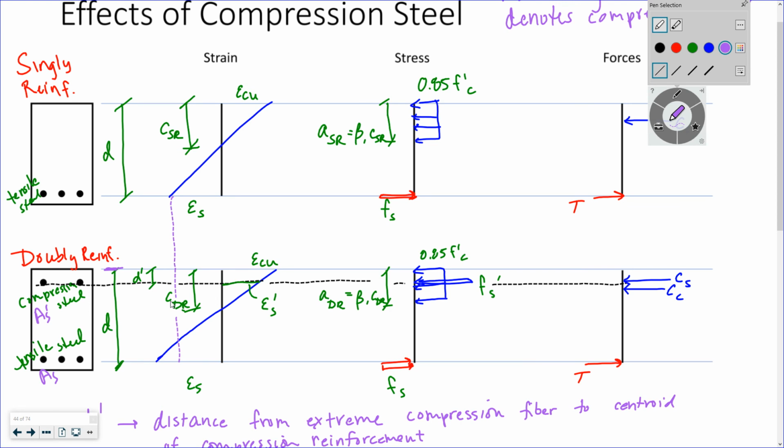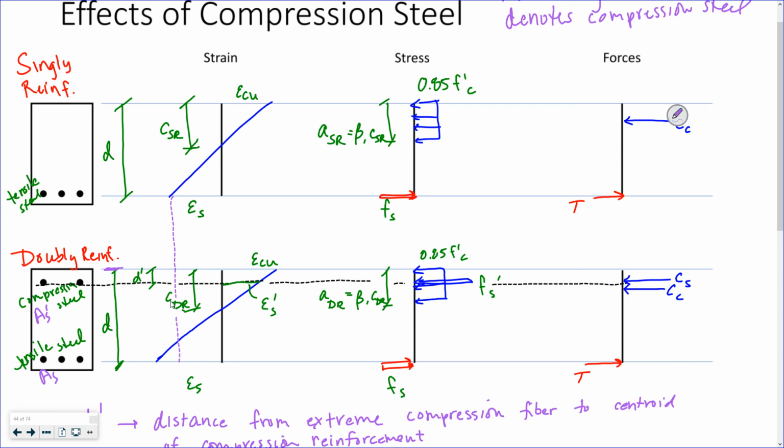Right? Because I have a shallower, right? If CDR is less than CSR, then I'm going to have a strain profile, right?